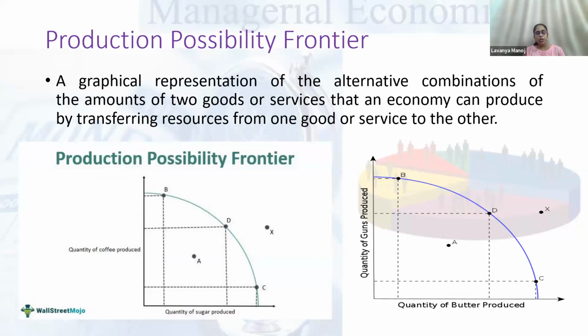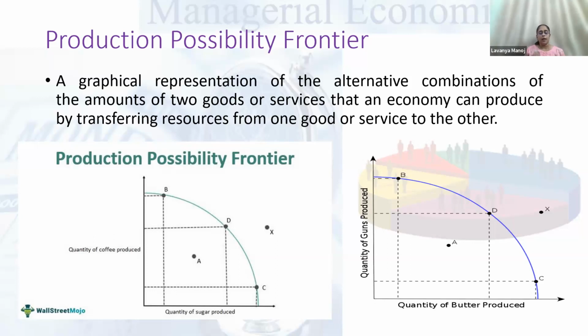And then the production possibility frontier. So this factor is that production of one particular good has an effect on the production of another particular good. They both are in correlation with each other. If you have to consume one particular good, you have to have the other goods.